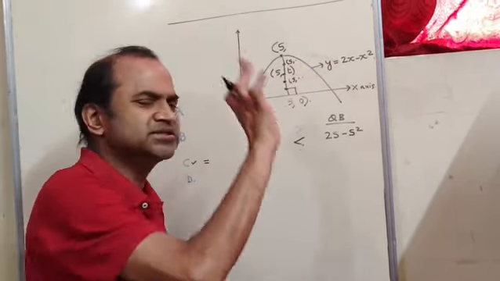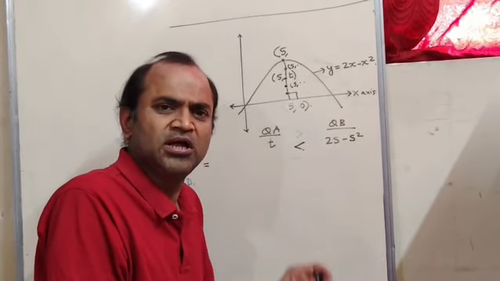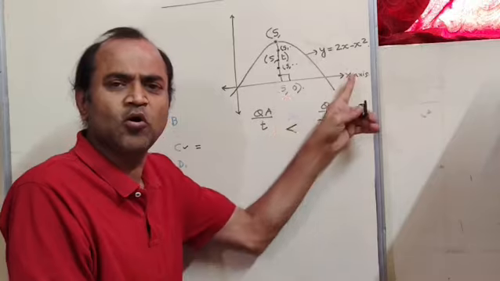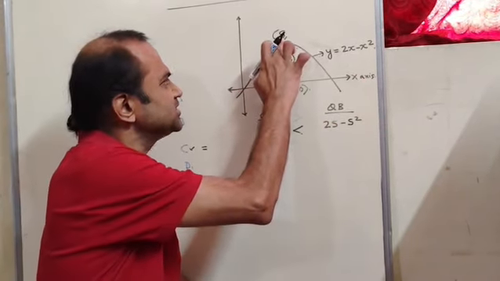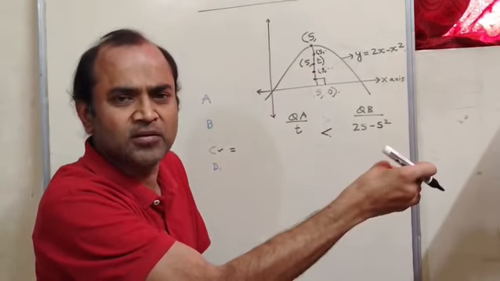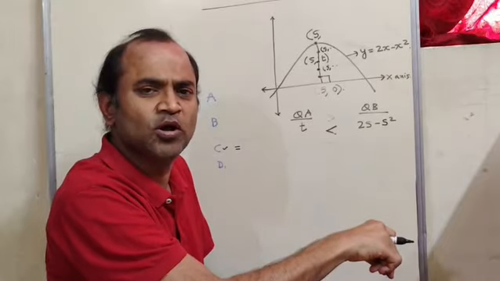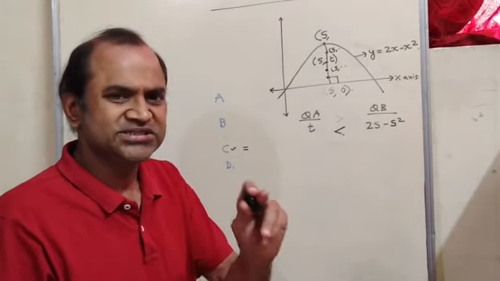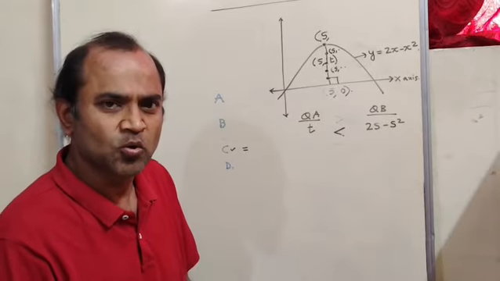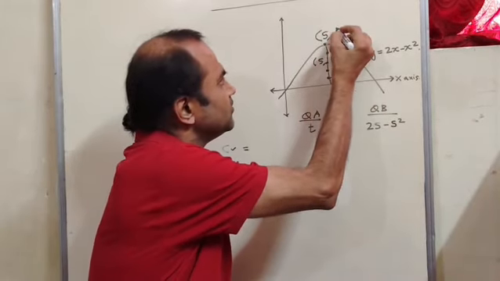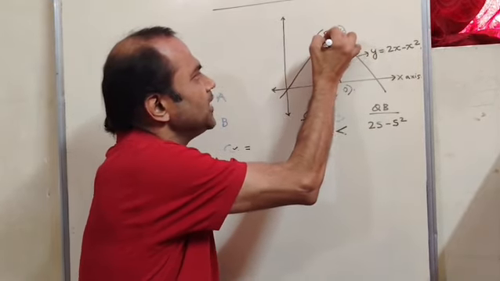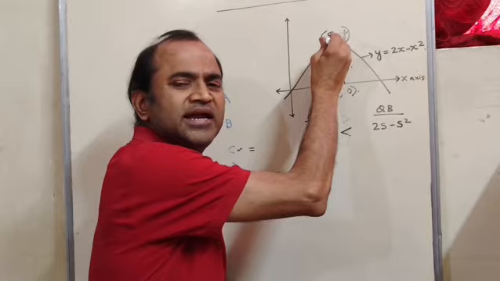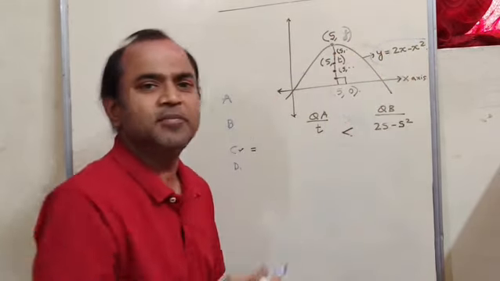Since this point lies on the line, its x-coordinate first of all has to be S. Next, since the point lies on the parabola also, you can obtain the y-coordinate of this point by substituting the x-coordinate S in the equation of the parabola.